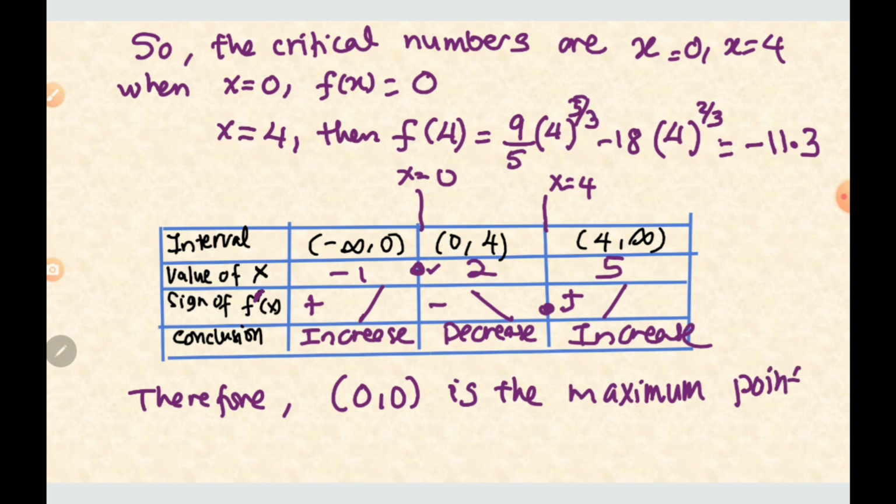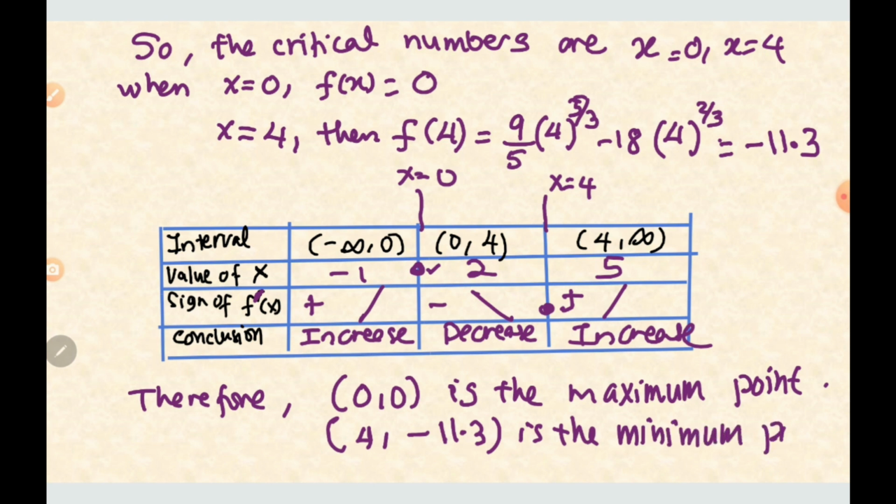Okay, and the point 4, negative 11.3 is the minimum point. Okay, so this is our conclusion.